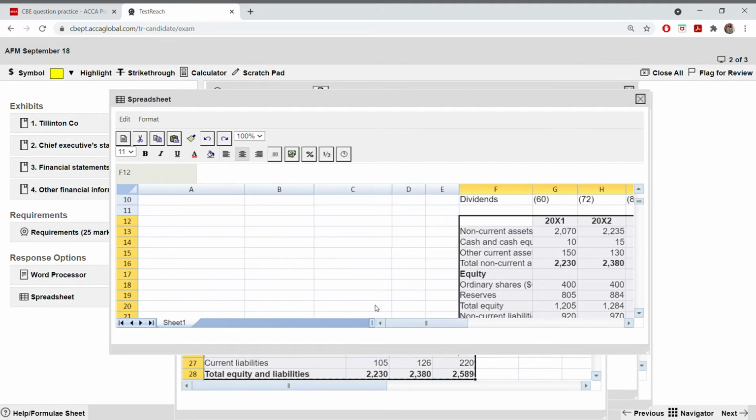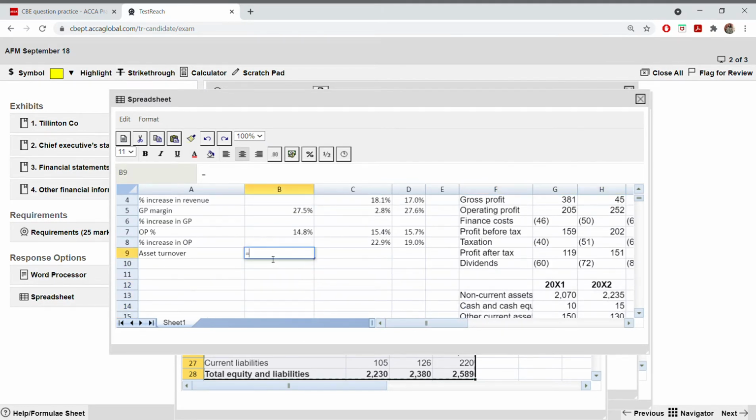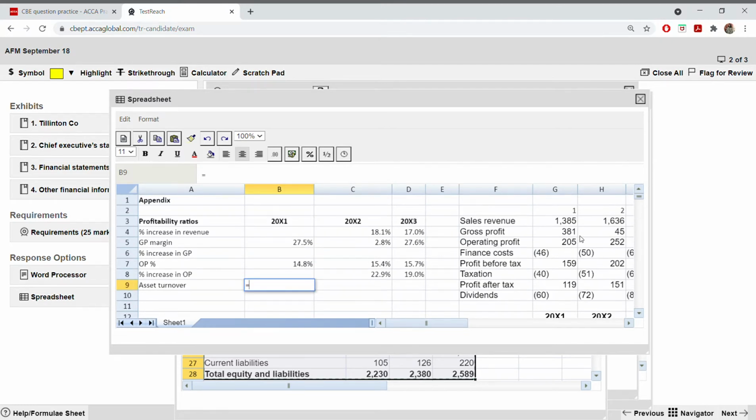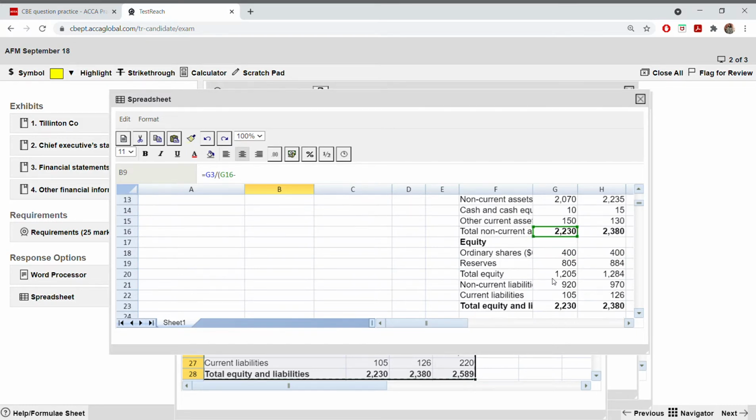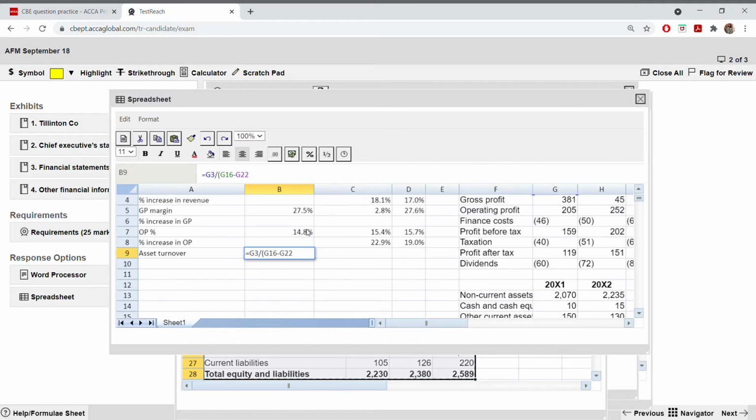So asset turnover is equal to your sales revenue divided by, in the bracket, total assets, this, minus, okay, this is the formula for asset turnover, sales divided by total assets minus current liabilities. What is your current liabilities? 105, close bracket, enter.